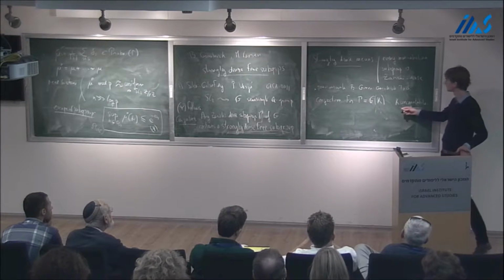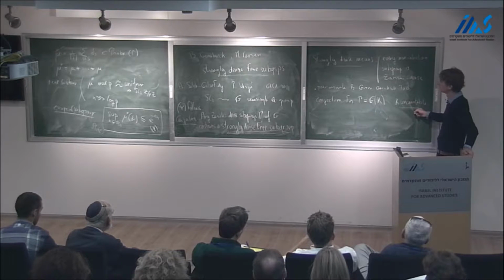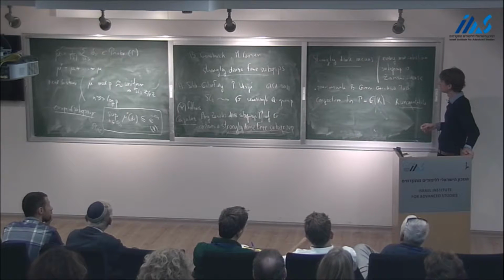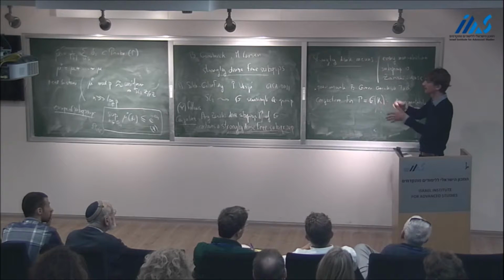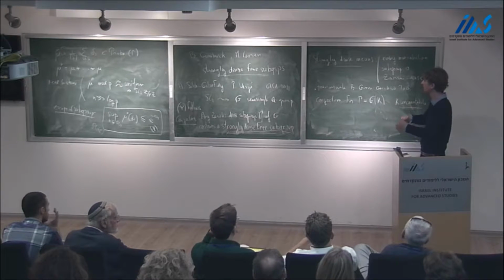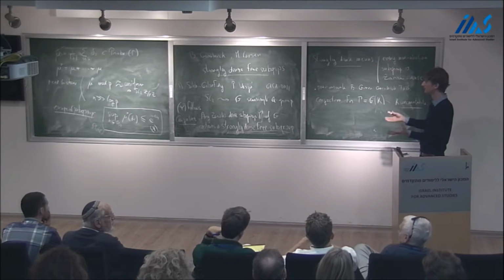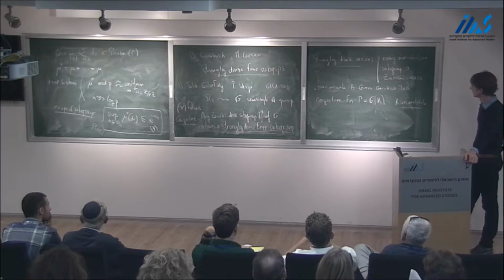So we needed this in characteristic p, and we used it to prove a random version of the Bourgain-Gamburd theorem, which tells you that if you vary the generating set in a random way, then we proved that if you take a generating set at random, then it doesn't depend on the field or the prime, but the finite group of Lie type that you get is a uniform expander.